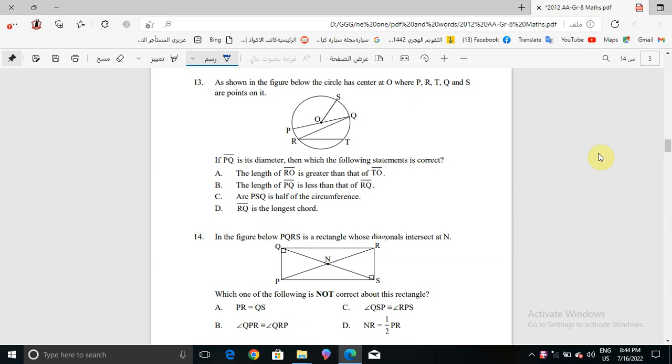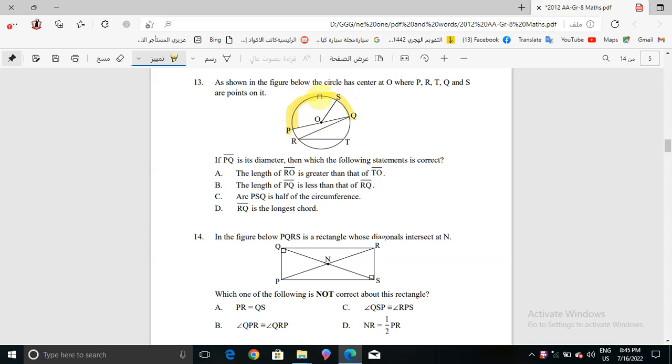So the statement which is correct is that the arc PSQ is half of the circumference. Why? If you see PSQ, where is it? Here P, S, then Q, right?